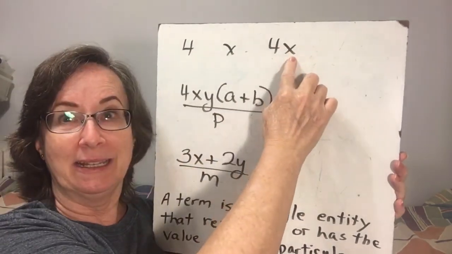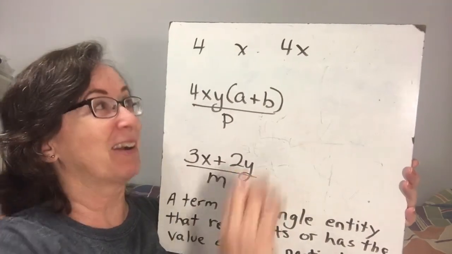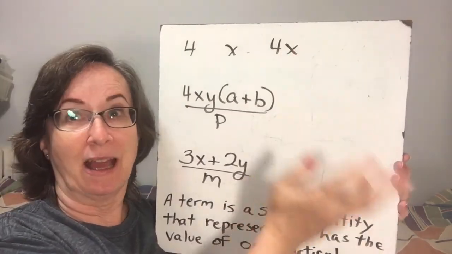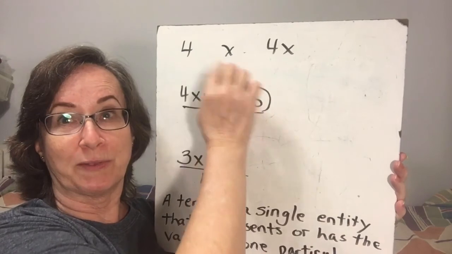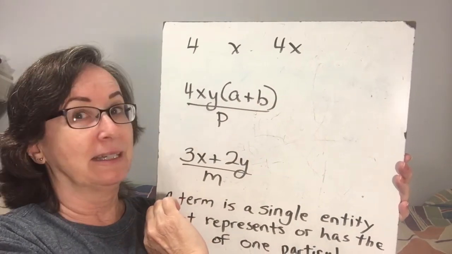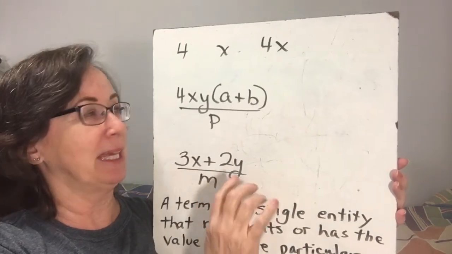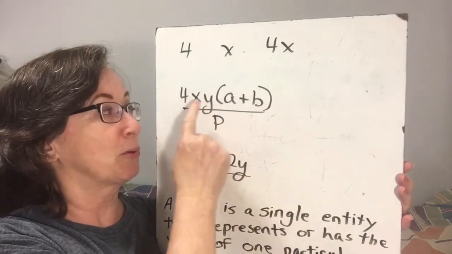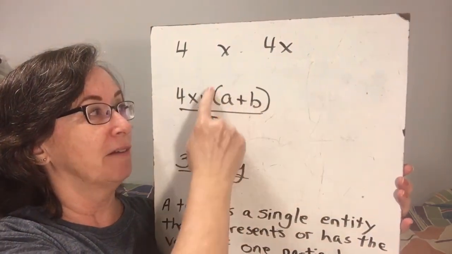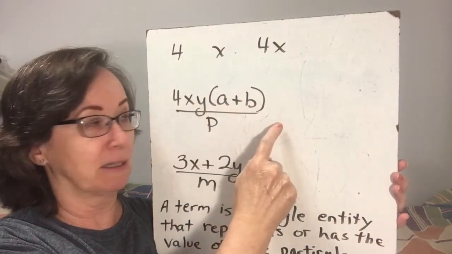But then that little second one there was a product of individual variables or constants. And then the third one was broader. It said it could be an indicated product of expressions.